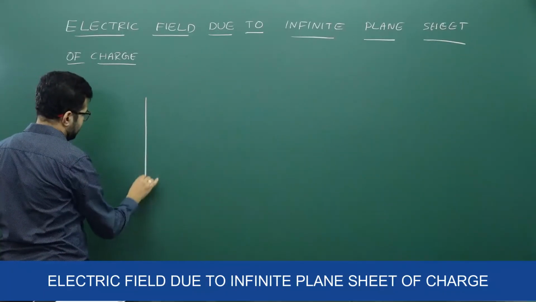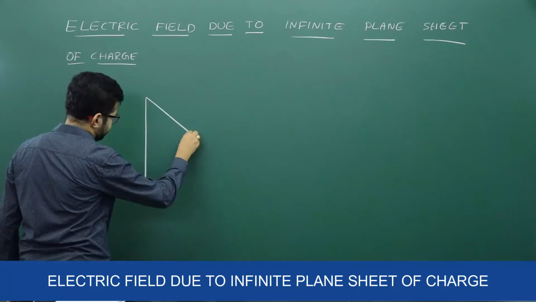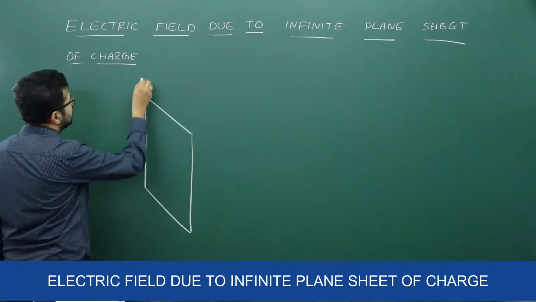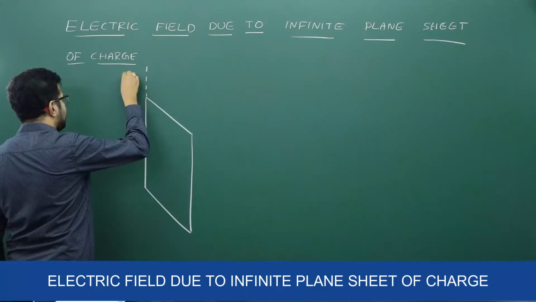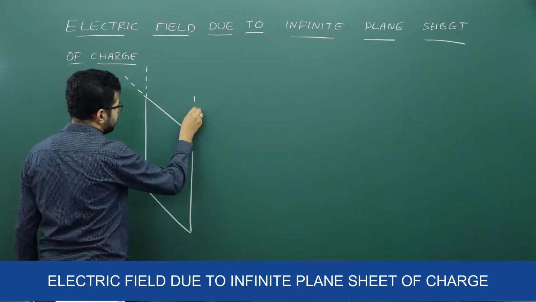Let me consider an infinite plane sheet of charge. I write a few dotted lines here, so that we understand that it is an infinite sheet.